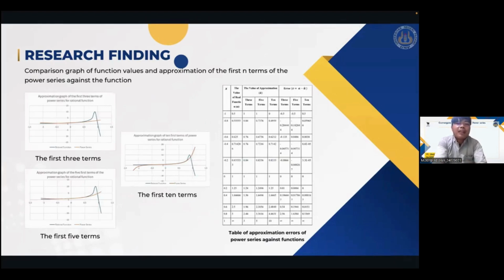Okay, we can see that the power series approximation of the rational function is accurate for the region around 0. And as we move away from 0, the graph becomes very steep and very far from the original function value.